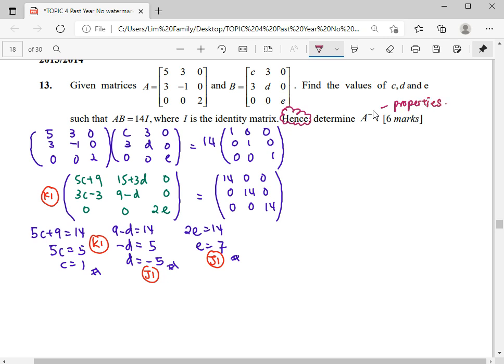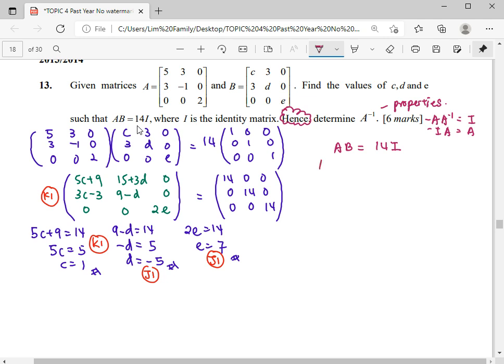When A times A inverse, or A inverse times A, you get back the identity. Another property is identity times any matrix gives back that matrix itself. We start from the statement they give us: matrix A times matrix B gives 14I. In order to find A inverse, we multiply by A inverse.